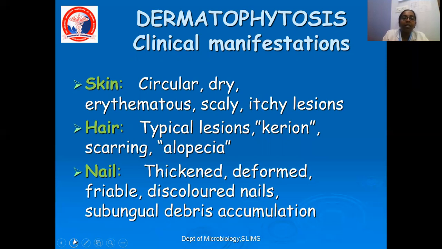And in nails, the nails are usually thick and deformed, friable, discolored, and there can be some subungual debris accumulation. Favus, as already told, these are boggy lesions, which is a scalp infection.